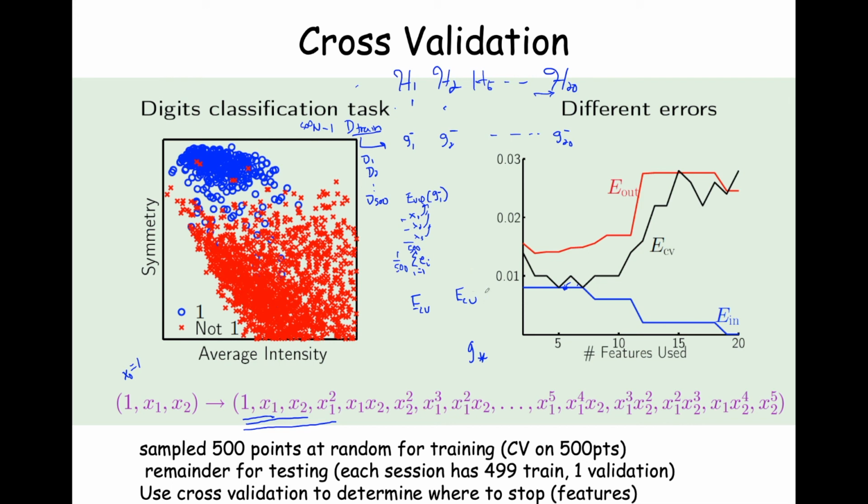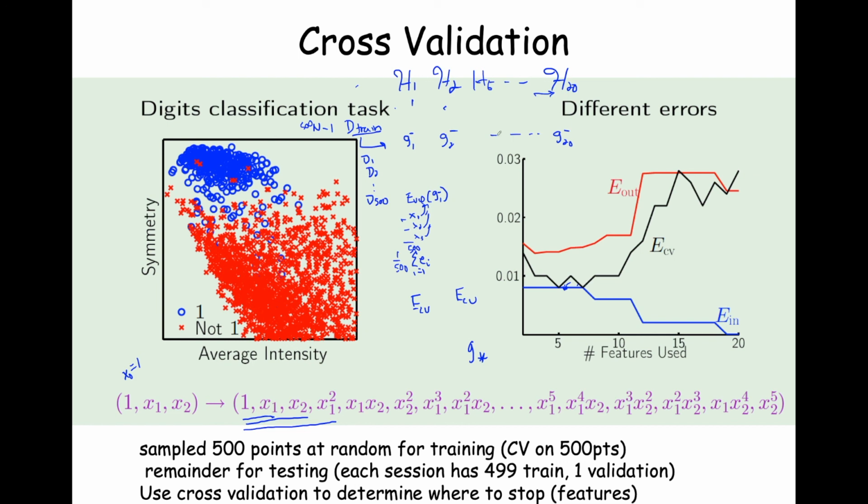So we use cross-validation here to determine where to stop. Which of these different versions of the model, 20 of them, gives you the best out-of-sample error. And you notice as we start to overfit, we can basically stop. And that stopping is the selection of what is the best G minus among these set of 20 hypotheses.